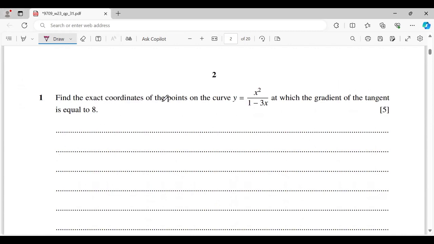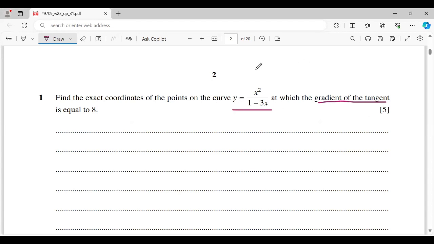Coordinates point means the exact coordinates of the points on the curve y equals x squared over 1 minus 3x, at which the gradient of the tangent is equal to 8. Gradient of the tangent means dy/dx, or the derivative of this function.